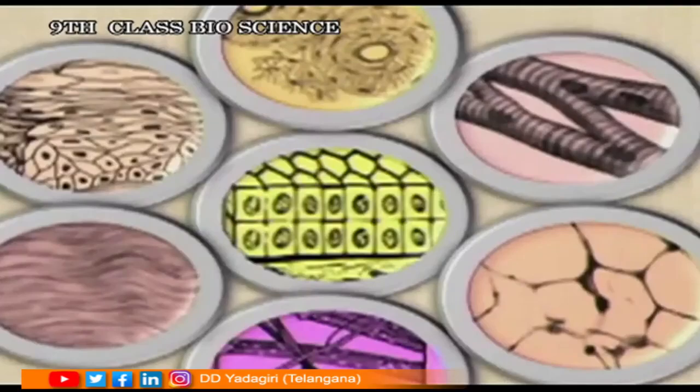In a similar way, in animals, do they have similar tissue or different types of tissue? In plant tissue, we have observed that different functions are carried out by different tissues. We will see that a similar thing happens in animals too. Today we are going to discuss epithelial tissue and connective tissue from the lesson Animal Tissue, class 9th Biology.